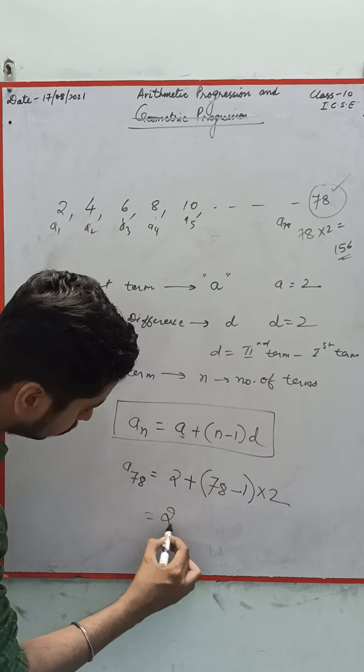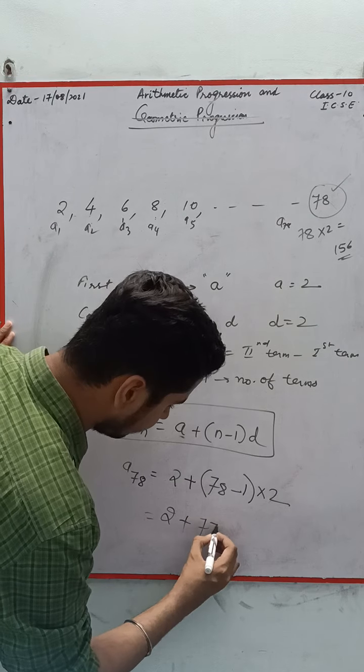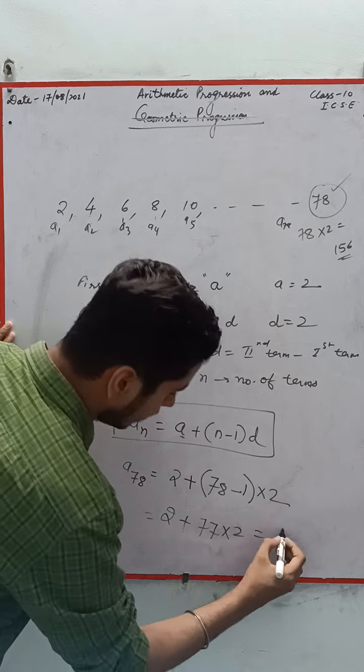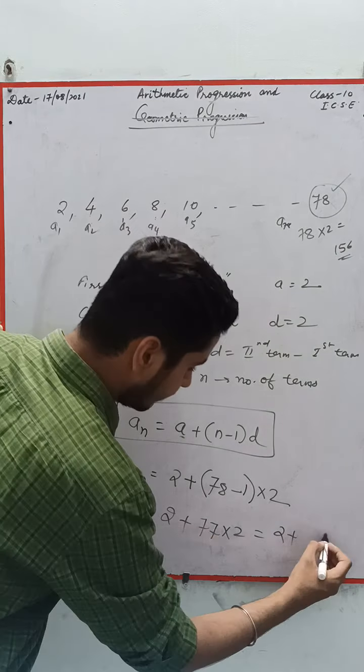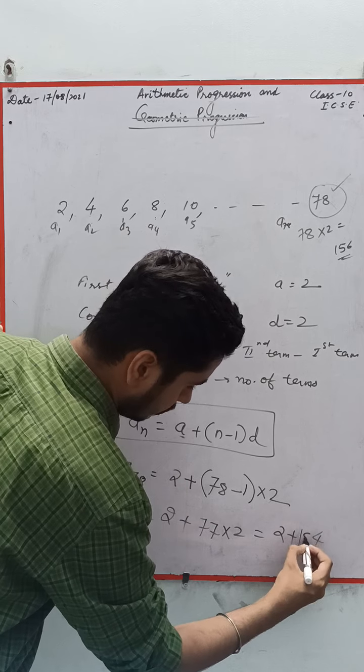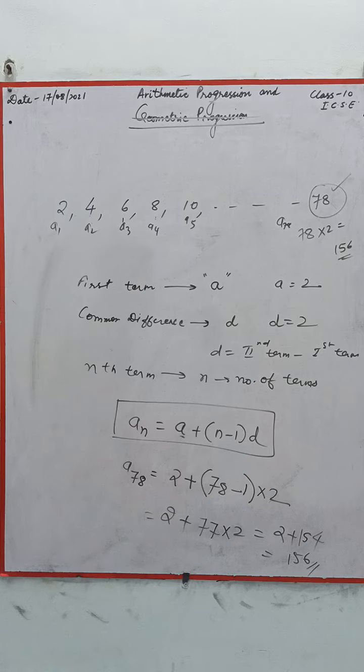Okay, so 2 plus 78 minus 1 is 77, into 2. So 2 plus 77 into 2 will give you 154. 2 plus 154, 156.